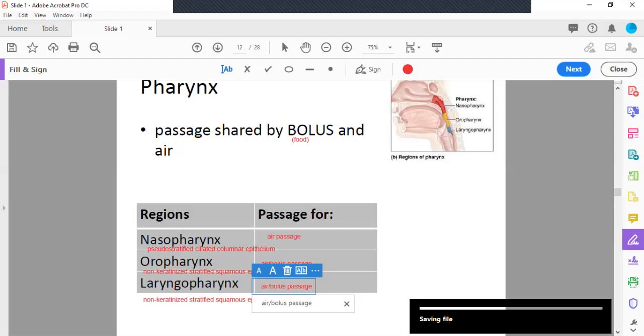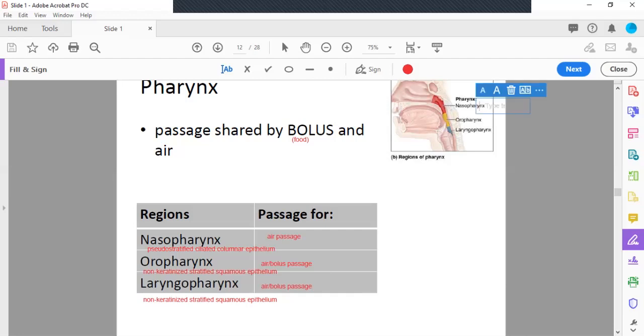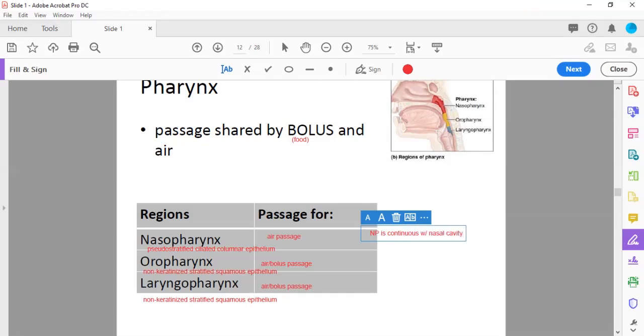Okay, now the next question is this. The nasopharynx is also a continuation to, so I'm going to put NP for nasopharynx. The nasopharynx is continuous with the nasal cavity.